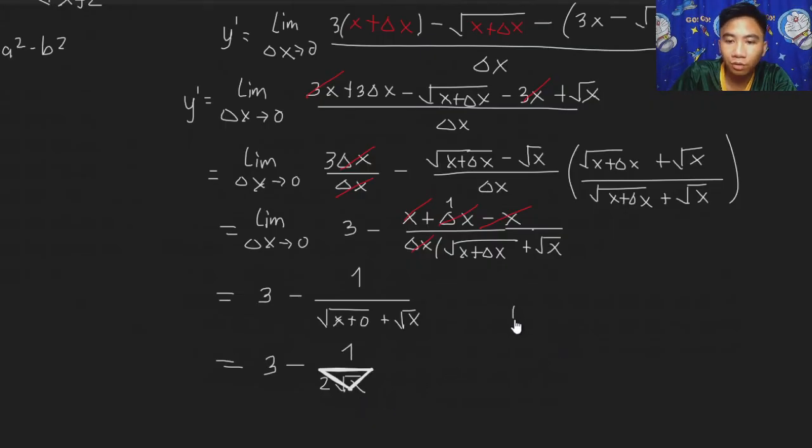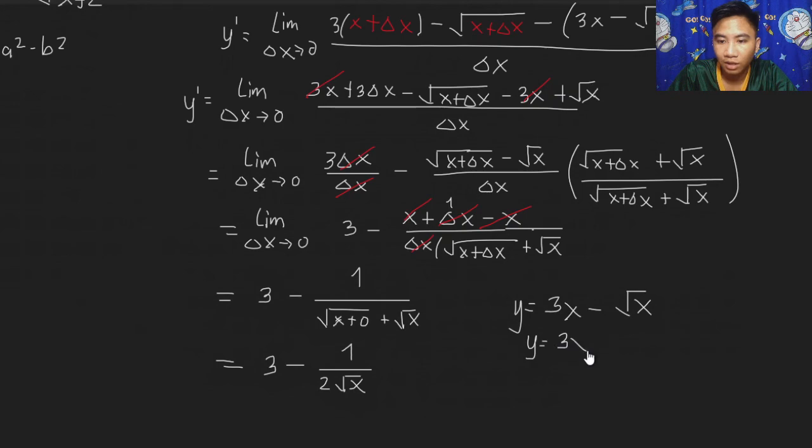So sa shortcut method, (3x minus square root of x). So the same as 3x minus x raised to 1/2. So simply y prime, the derivative of x is 1. So simply 3 minus 1/2. Bababa lang natin to. And then, minus 1 natin yung exponent.